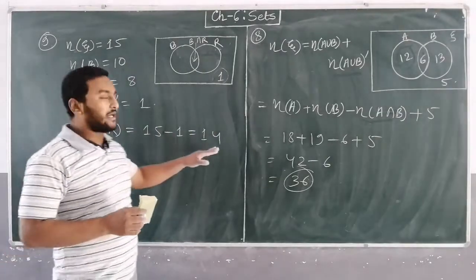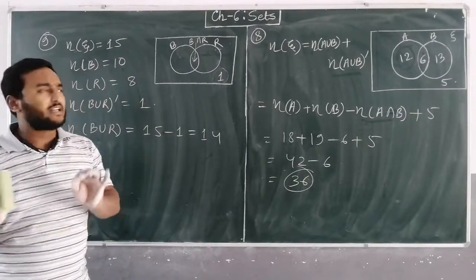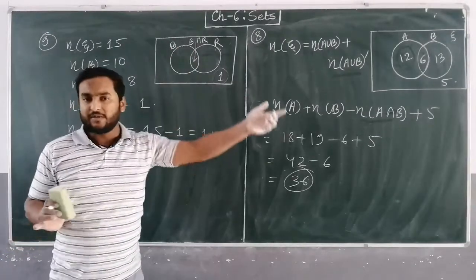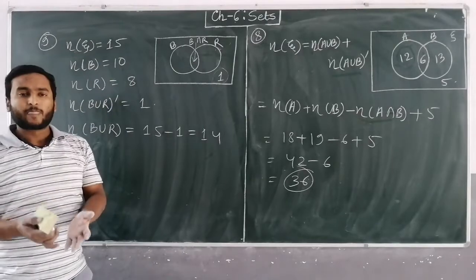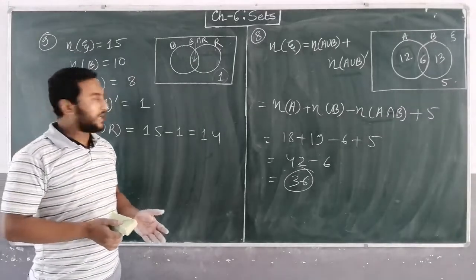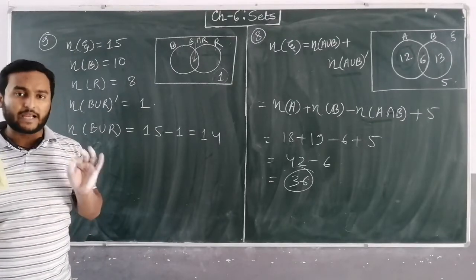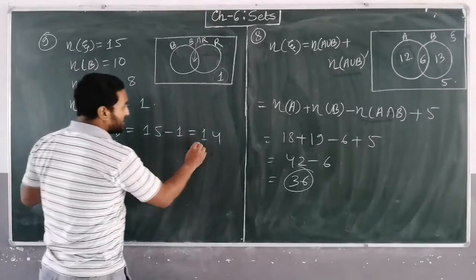It means 14 girls are buying at least one thing, maybe bangles, maybe ribbons, or some girls may be buying both the items.